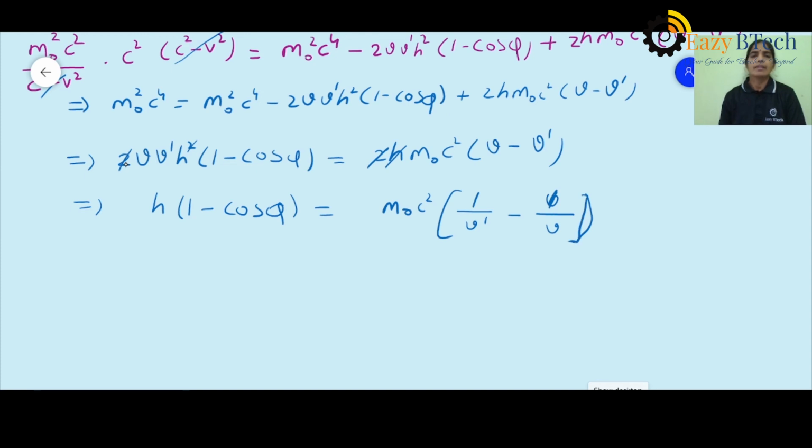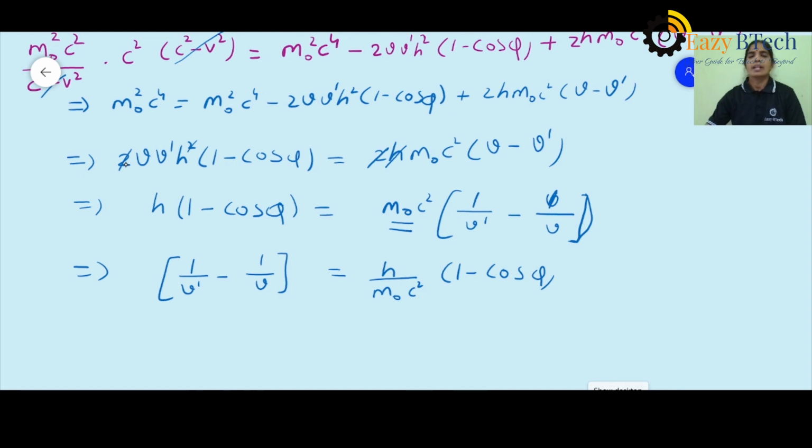So here I am having this m naught c square also to be taken onto the other side. Then I can write it as h by m naught c square into 1 minus cos phi equal to 1 by mu prime minus 1 by mu.